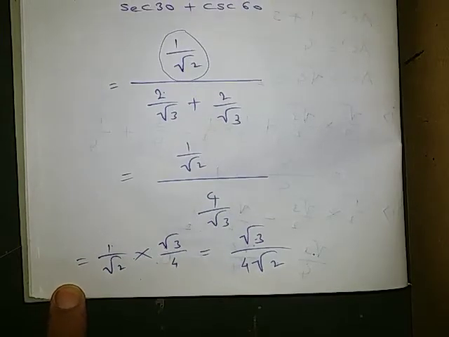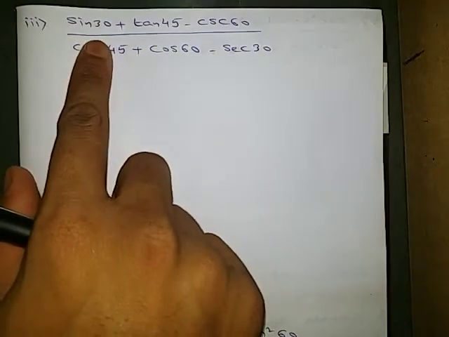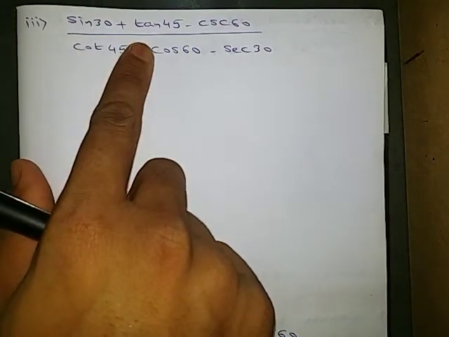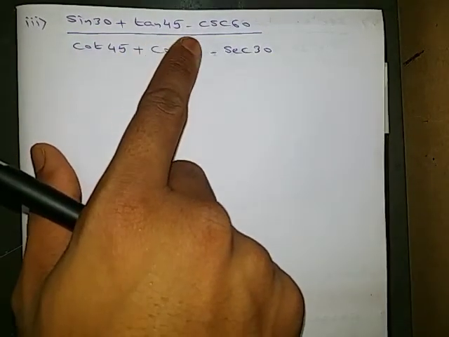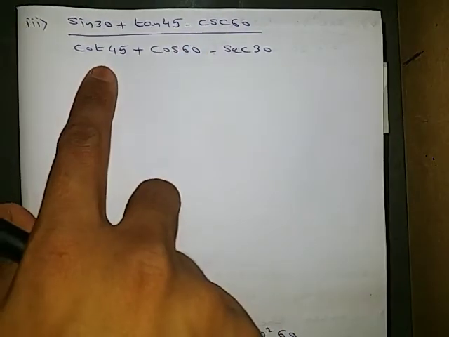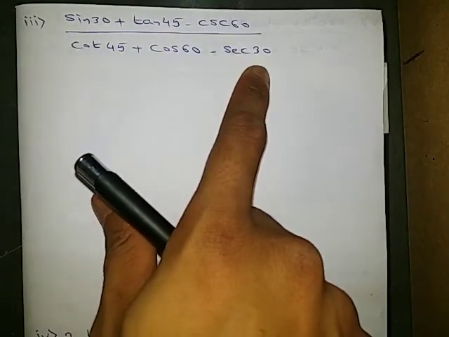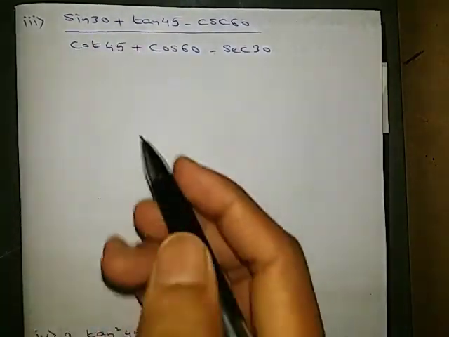Let's move to the next question. What is the value of sine 30 plus tan 45 minus cosecant 60, whole divided by cot 45 plus cos 60 minus secant 30? Let us substitute the values.